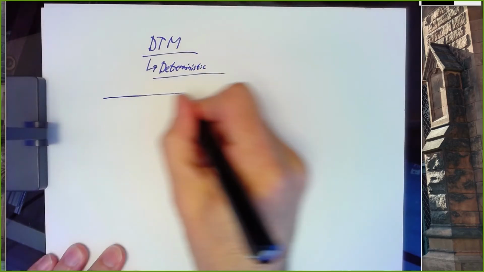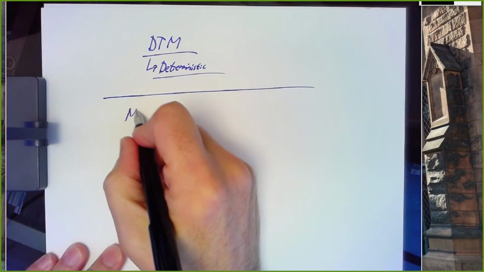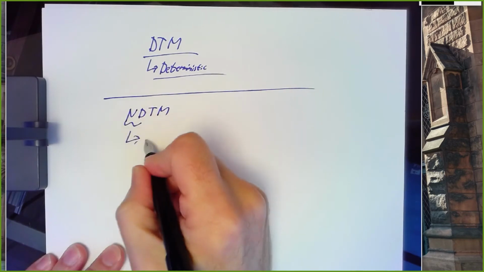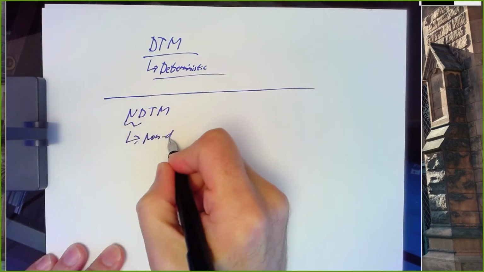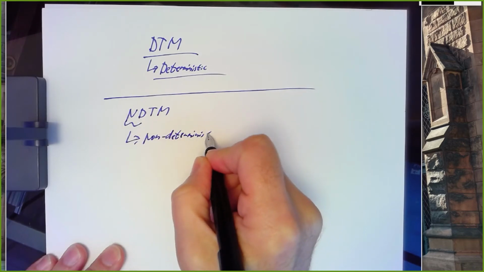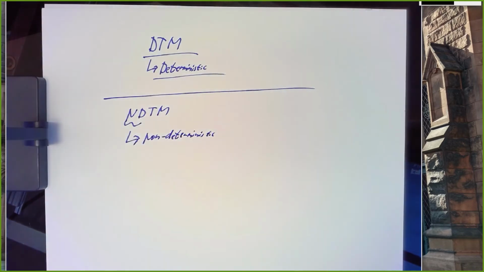But it turns out we can also talk about what's called an NDTM, and this is non-deterministic. A non-deterministic Turing machine is a really interesting device.